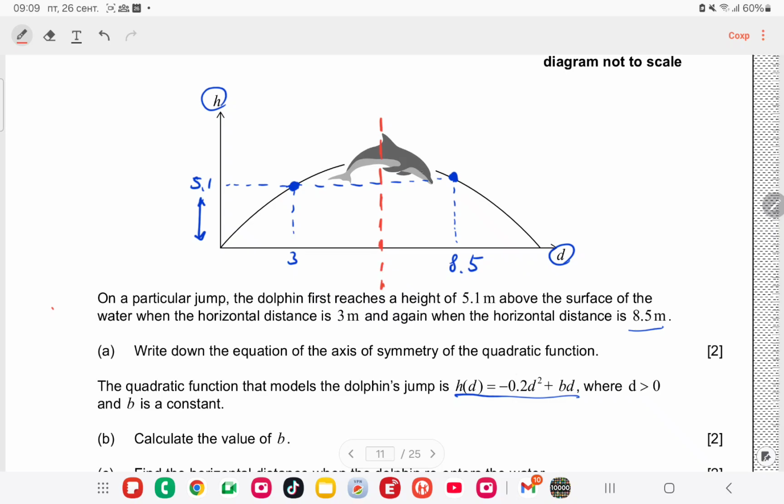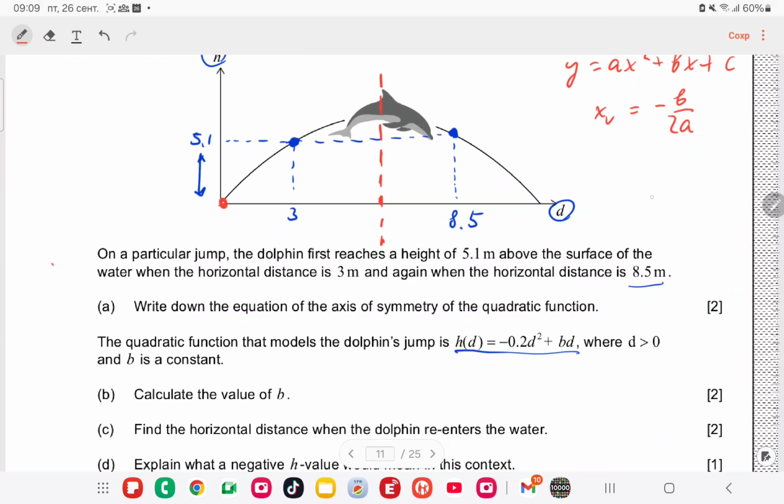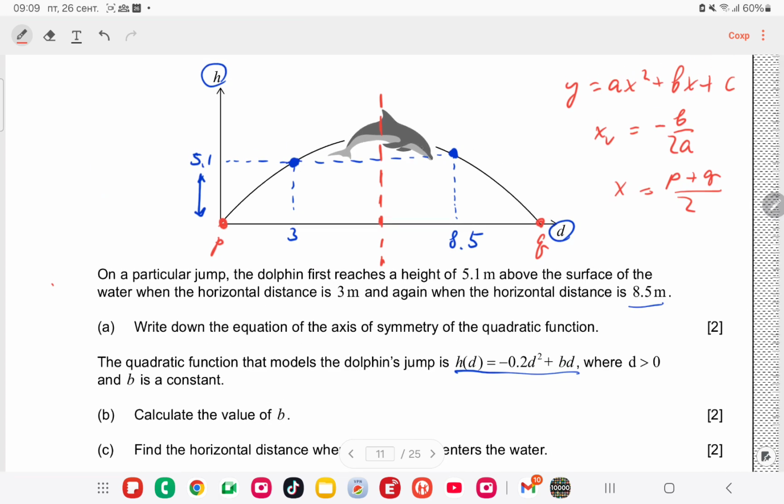Usually we are given either the equation of the function in the form ax squared plus bx plus c, where the axis of symmetry is minus b over 2a, or the zeros p and q, and then the axis of symmetry is the average of them. But you see, neither is given. That's why we have to use the previous information somehow.